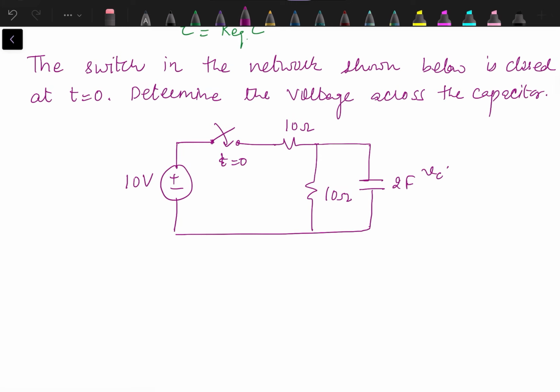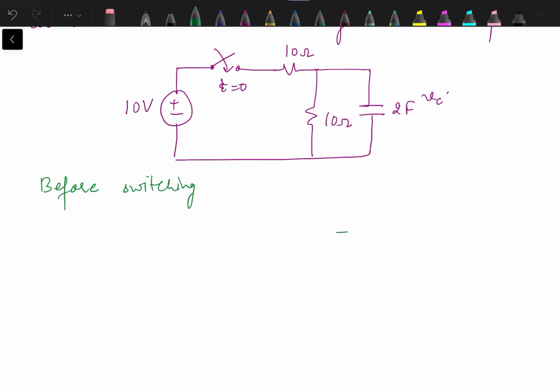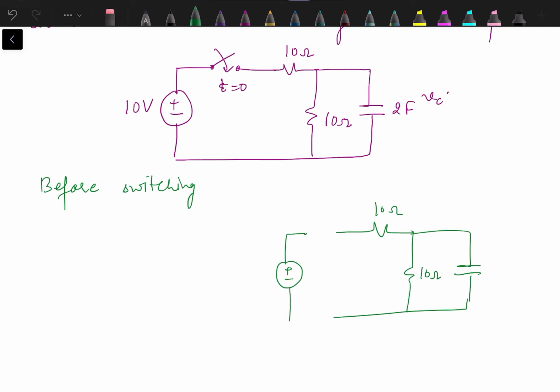Now we need to calculate the voltage across the capacitor before switching. Again, we will have three steps. We have to analyze the circuit before switching. So before switching, what do we have? We have 10 ohm resistance, 10 ohm resistance, capacitor, and the circuit is open.